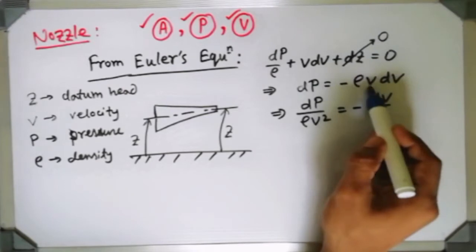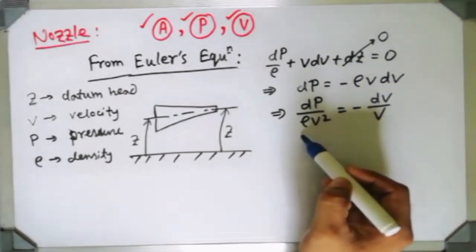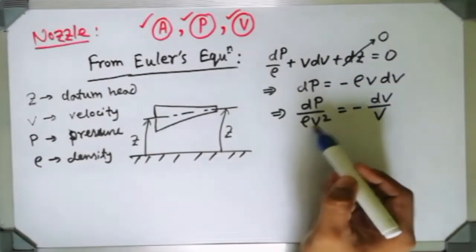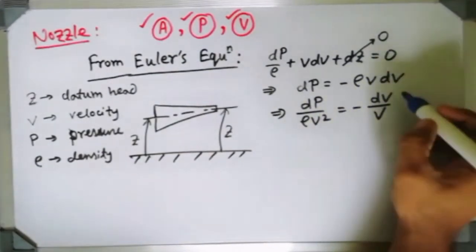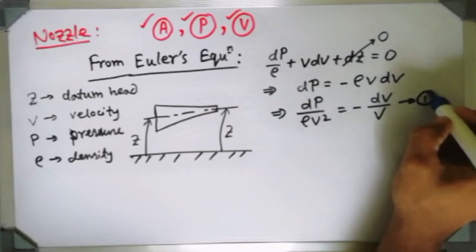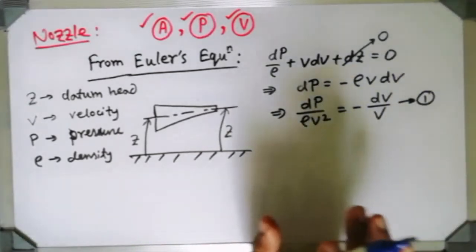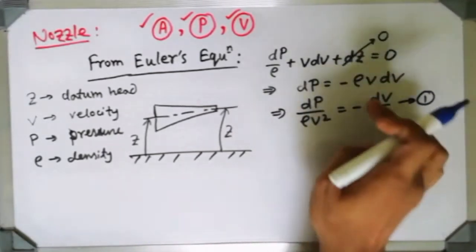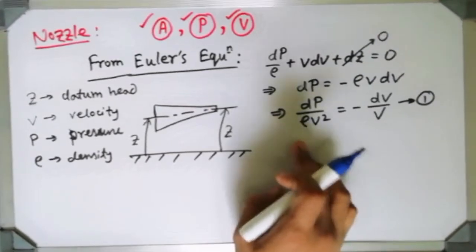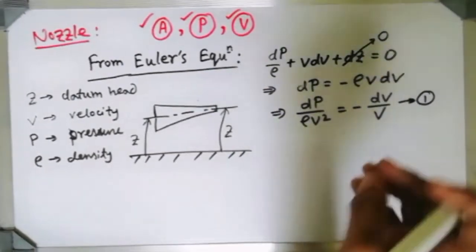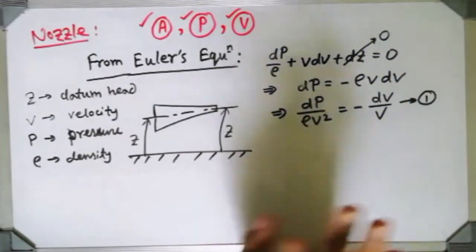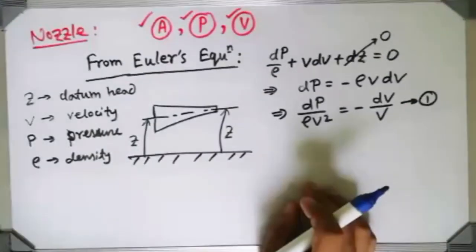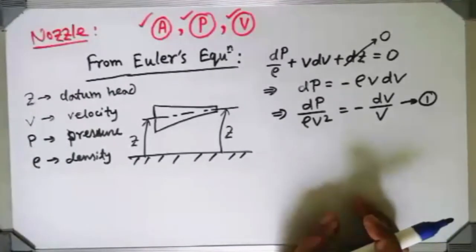Just bring the rho v part to the left hand side, and then multiply 1 by v on both sides. So this equation gets formed. If you have any confusion, rho v comes down, then I intentionally multiplied by 1 by v. Understood or not?